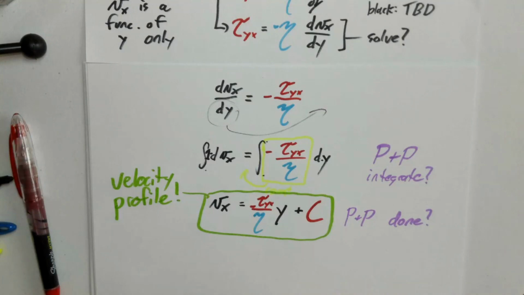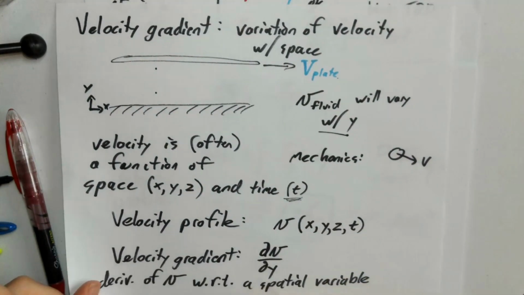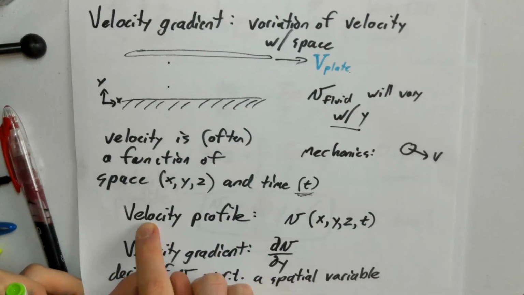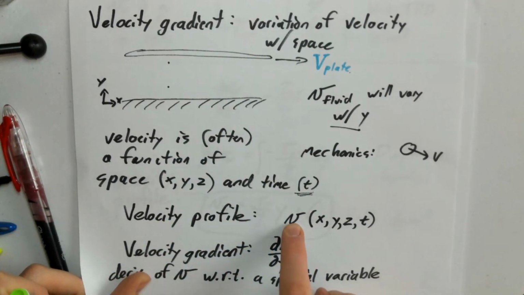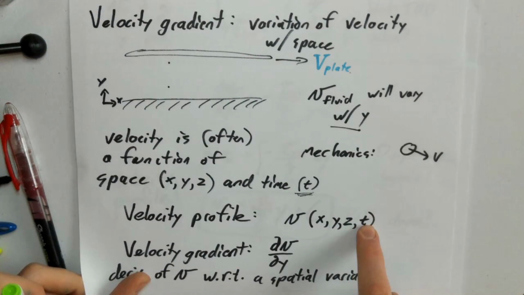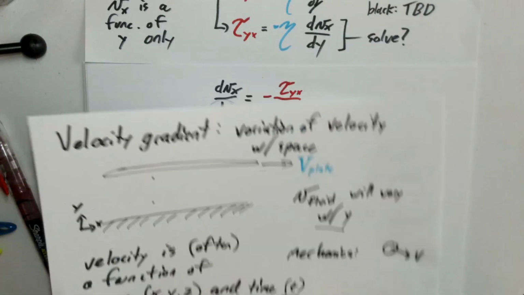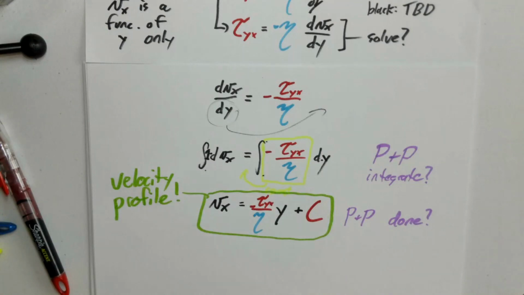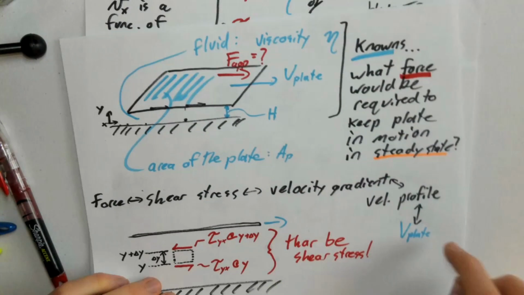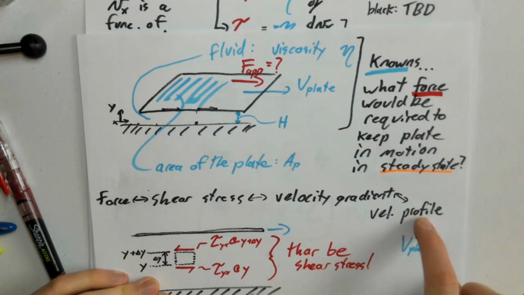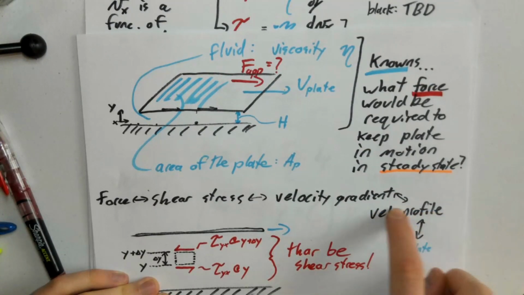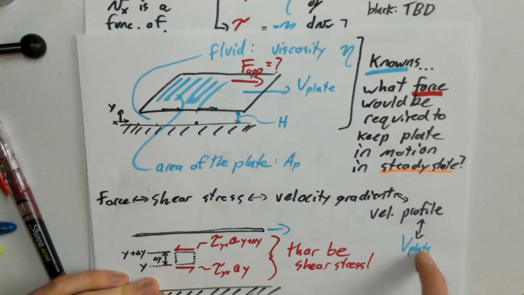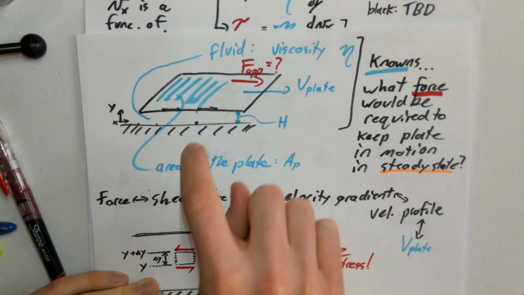What is a velocity profile? Well, if you remember back in our notes, this velocity profile is a velocity as a function of x, y, z, and t. And we hope that we can get this velocity profile to help us solve parts of this problem, because if we have a velocity profile, we might be able to make a connection between that function of velocity and information that we have about velocity at the boundaries.